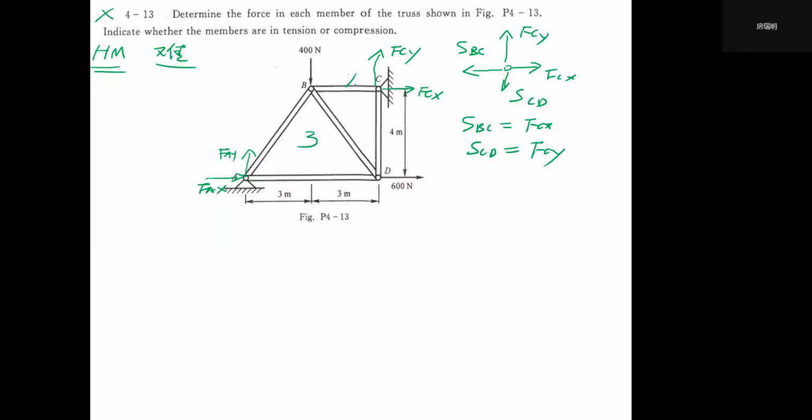Then we can just imagine that we cut this off, and it will only have this, maybe as BC, and this as CD. Then we can use the method of joints and finally find the answers.